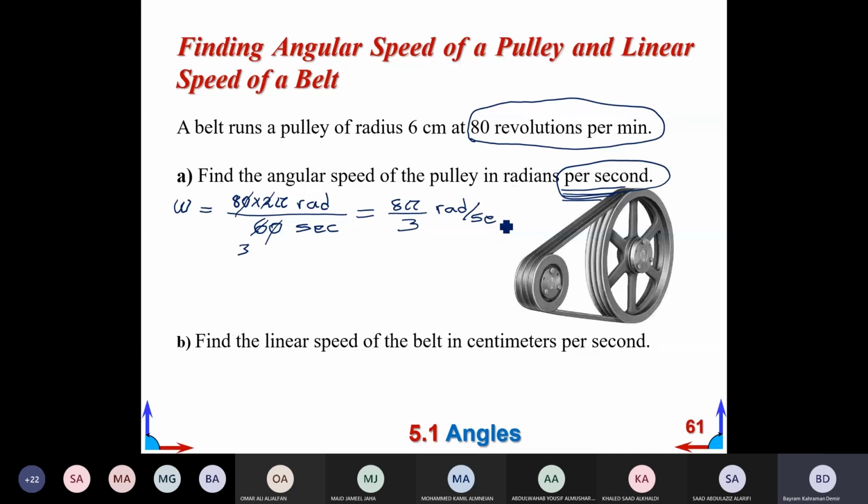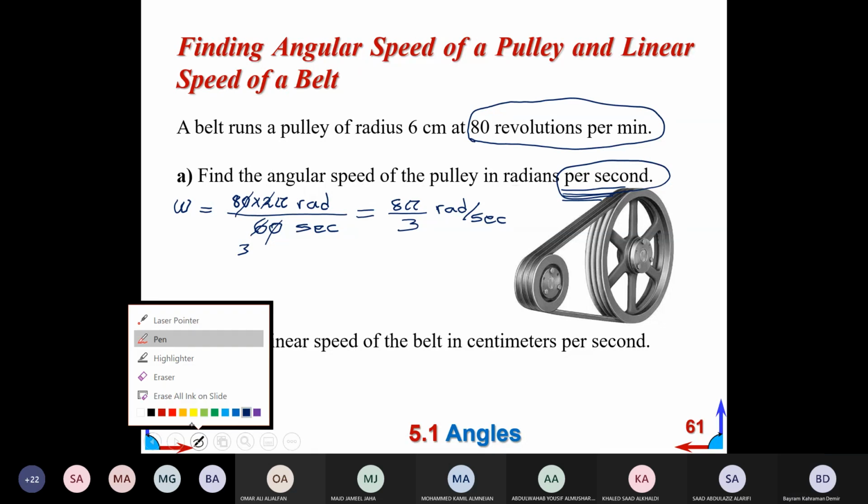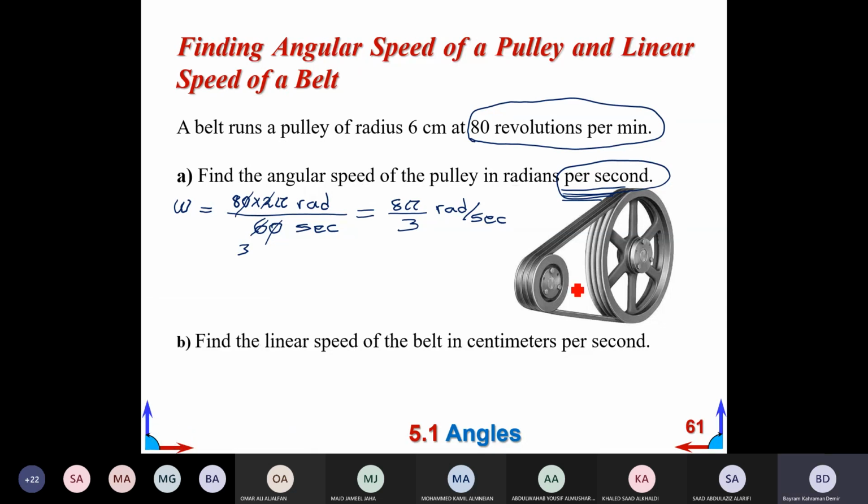So this pulley is rotating. Let me choose the red one. It looks like we are just talking about this pulley here, Shabab. So the radius is how much? 6 centimeters. The large pulley is quite larger than the small one, of course, but our question is about the smaller pulley.